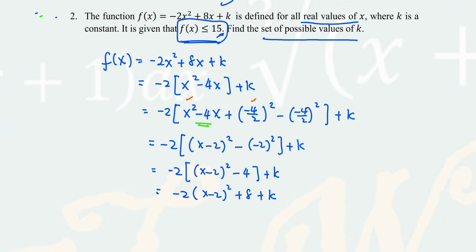Remember, that is the y coordinates of the vertex, which is our value. So from here I will write fx less equals to 15. That means 8 plus k is less equals to 15. Hence your k is basically less equals to 15 minus 8. That will be our solution of the set of k values. Okay, so this is one of the applications of completing the square method.